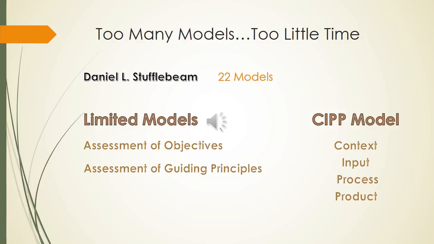There are also the CIPP models. Sometimes they're called SIP models, and that CIPP is the acronym for the phases of the evaluation, the areas where the evaluation is to be conducted, the context of the curriculum, the input that's given to the curriculum, the process of how the curriculum is designed, or the product, the outcome of what the curriculum is producing.